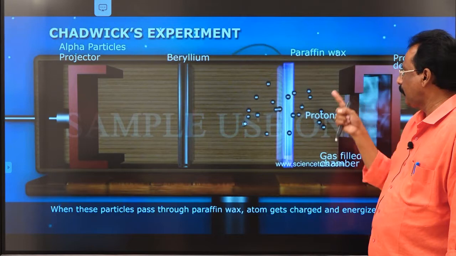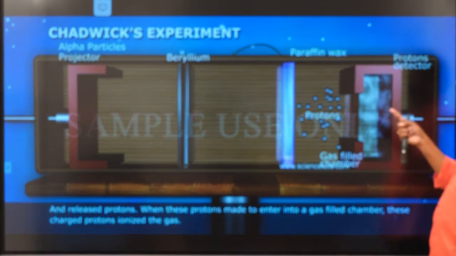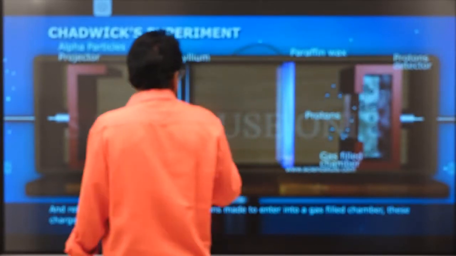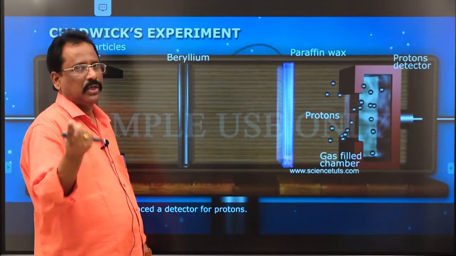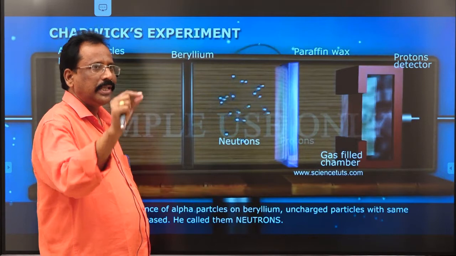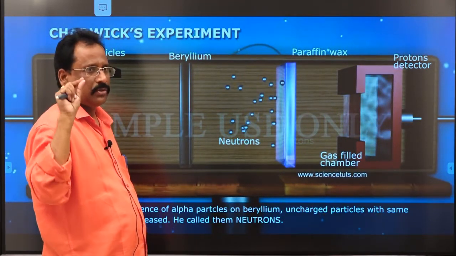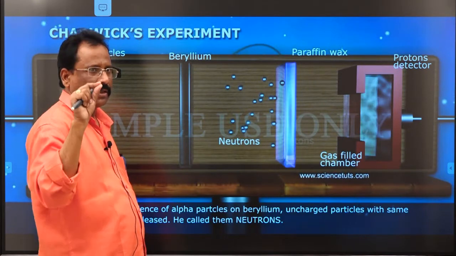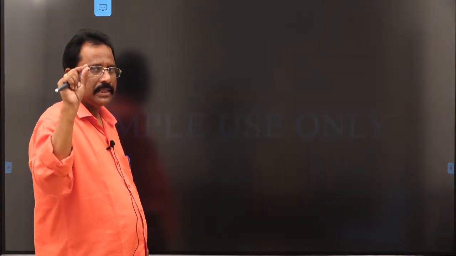When 2He4 bombards 4Be9, immediately 0n1, that means a neutron particle, is emitted. At the same time, beryllium nuclide is converted into carbon nuclide, 6C. So note down that reaction also: 2He4 plus 4Be9 gives 0n1 plus 6C12, where small n indicates neutron.